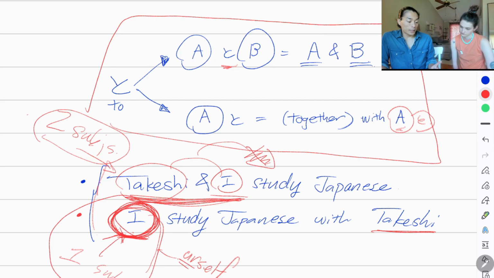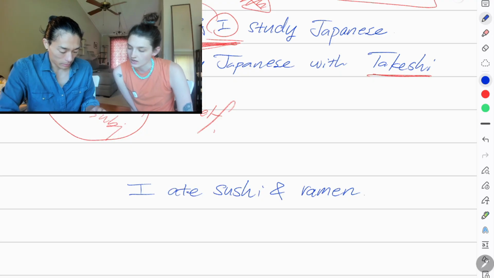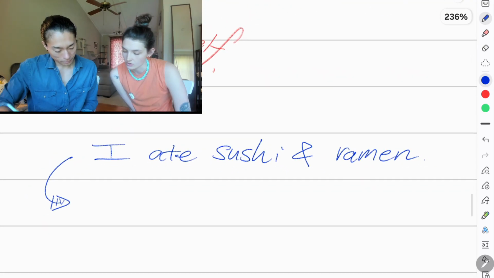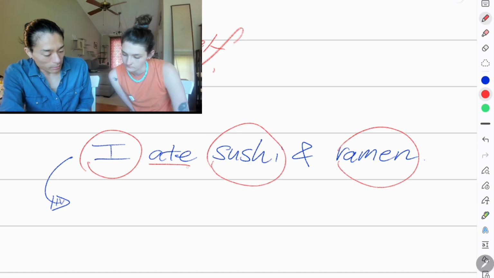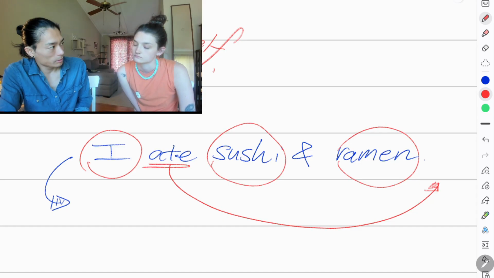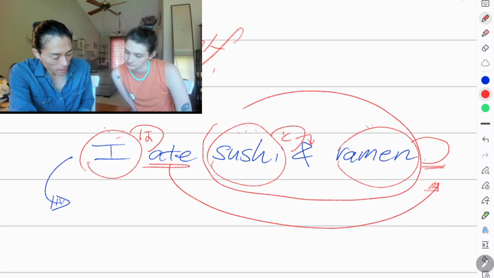One last point that's important. If you want to say, I ate sushi and ramen, and we have to translate into Japanese. Watashi wa, and then "ate" goes to the back. Sushi to ramen, ate. Really close. Each noun usually has to have a particle, right? There's one noun missing a particle. Which one is it? Ramen. Right. I has "wa," sushi has "to" to mean "and," and then ramen.